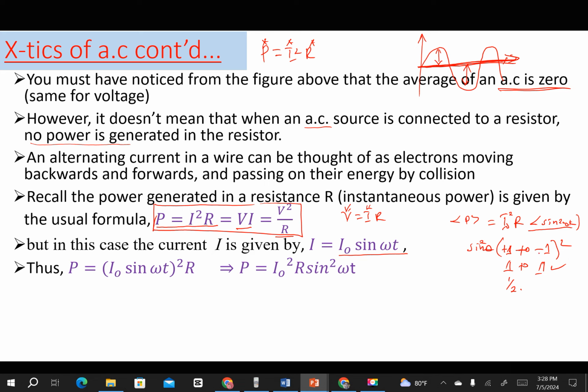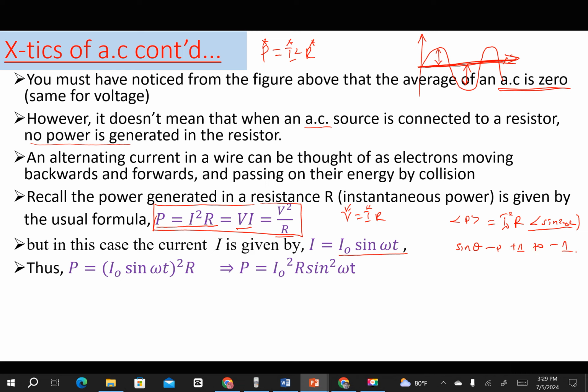I want to repeat this for those who don't do math. So I'm saying sine theta varies from +1 up to -1.